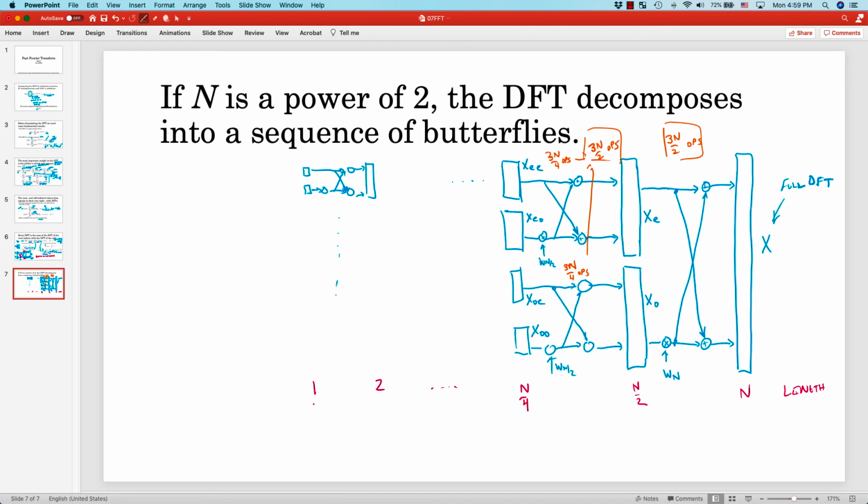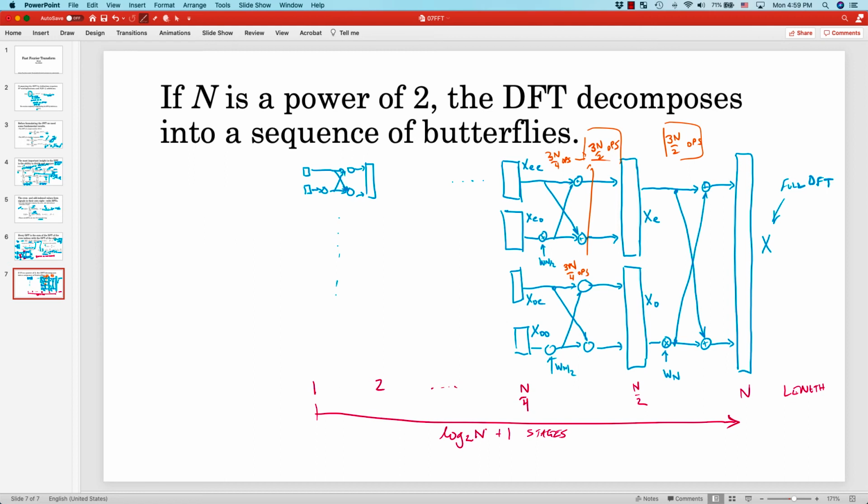So to go from 1 to n requires log 2 of n plus 1 stages. So there would be log 2 of n plus 1 red numbers here. Right, so let's take, for example, if big N were 4, then I would have 1, 2, 4.